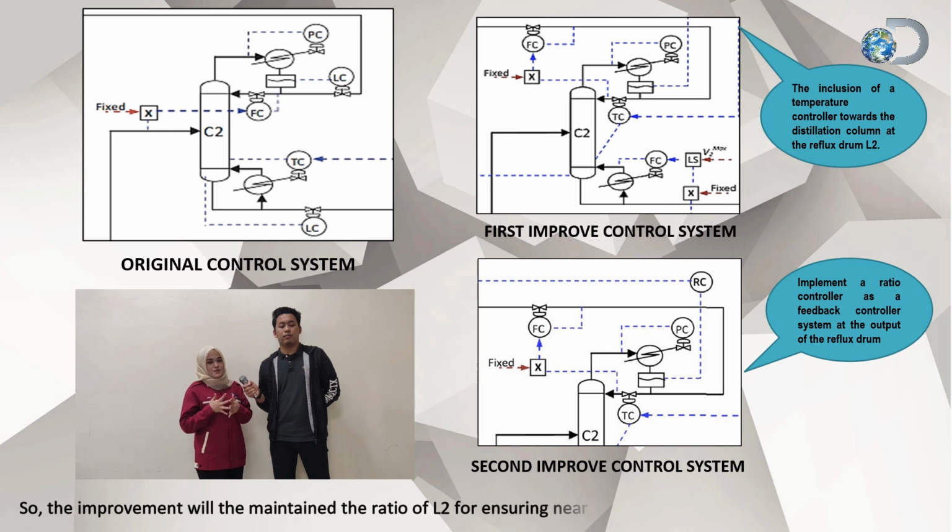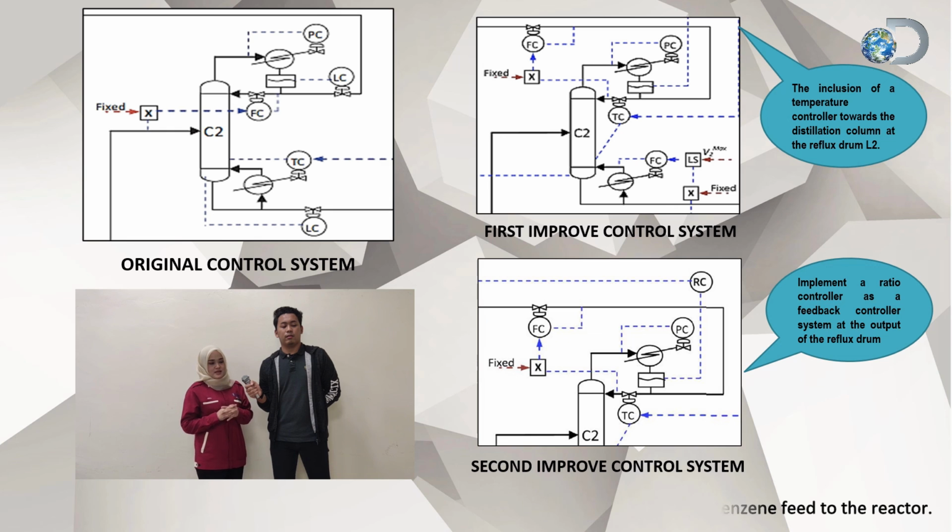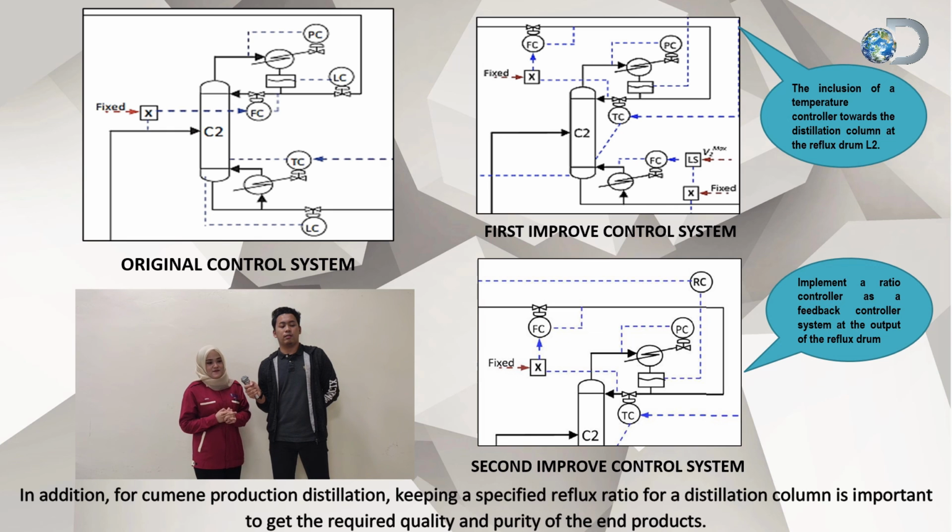So the improvement will be to maintain the ratio at L2 to ensure near optimal excess benzene feed to the reactor. In addition, for Cumene production distillation, keeping a specified reflux ratio for a distillation column is important to get the required quality and purity of the end product.